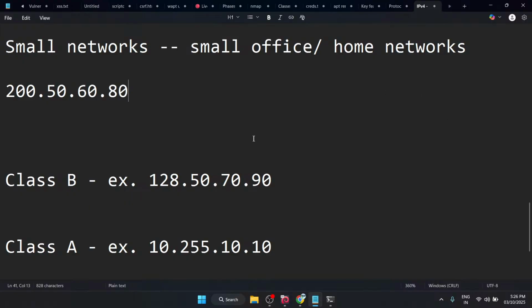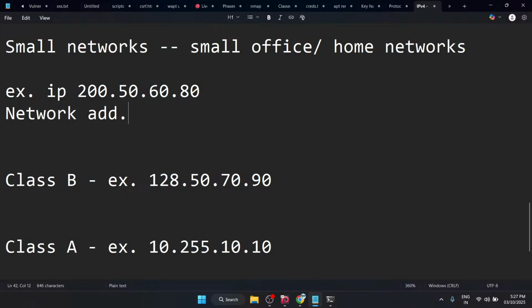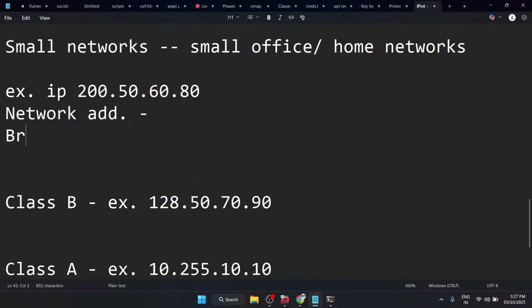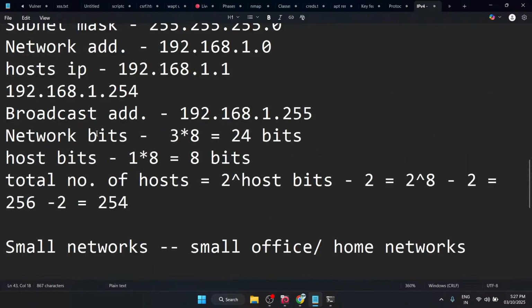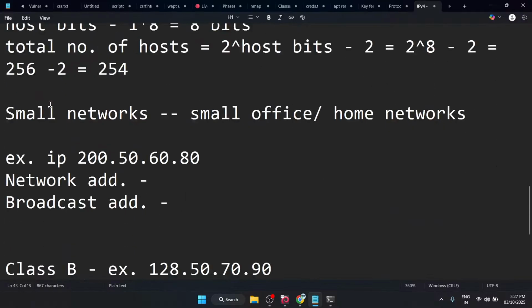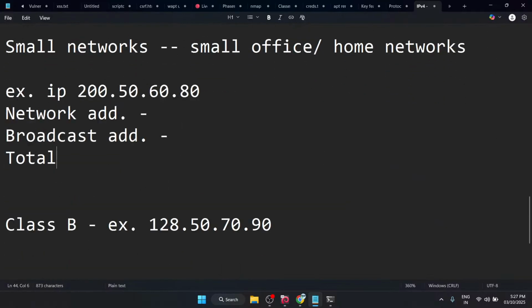200.50.60.780, let's say. Okay, so this is your example IP, and I want you to tell me what is the network address, broadcast address, and total number of hosts.